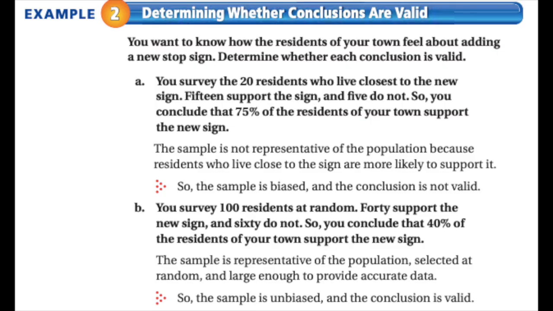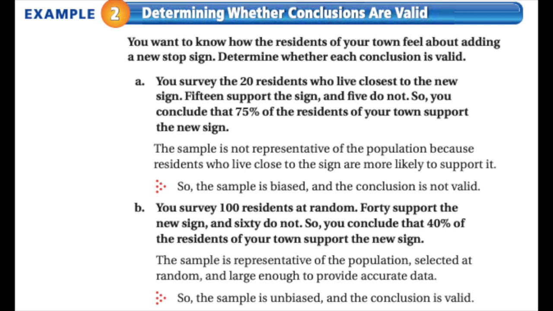All right, looking at example 2 on page 444, it's asking us to decide whether conclusions are valid. We want to know how the residents of your town feel about adding a new stop sign. So we need to determine whether this is valid or not.